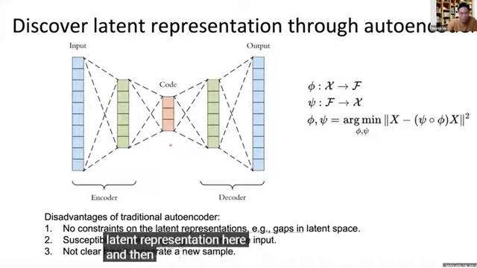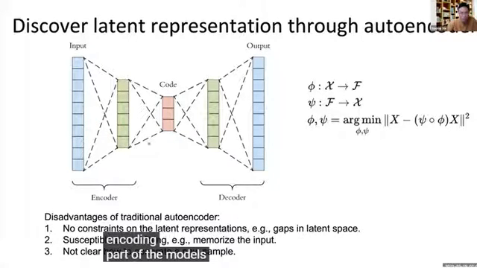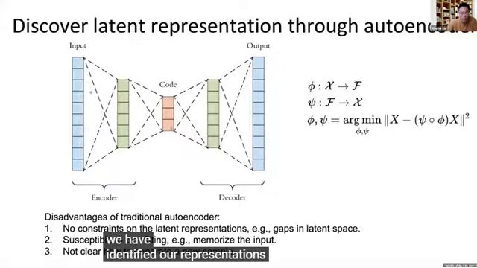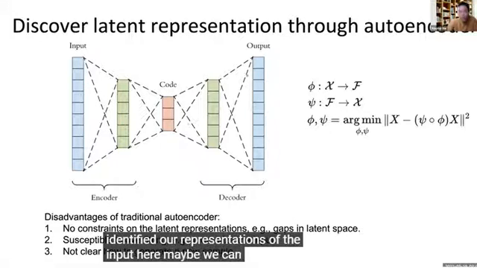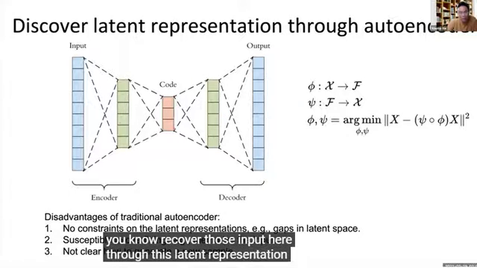This part is most of the time called the encoder. And once we have identified the representation of the input, maybe we can recover the input from this latent representation.